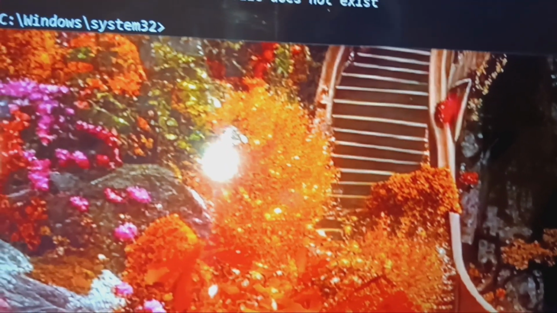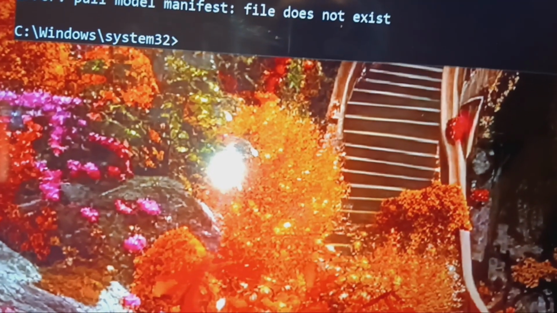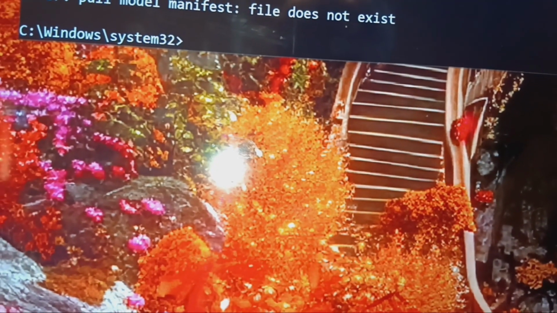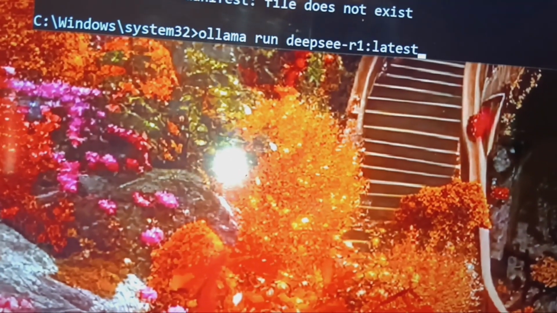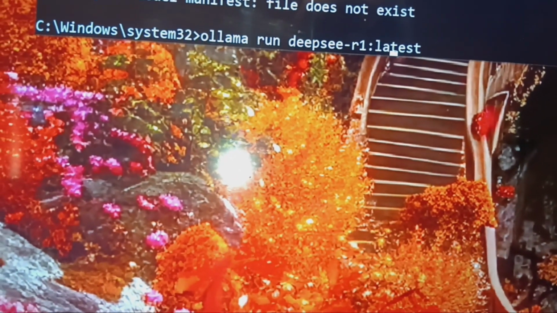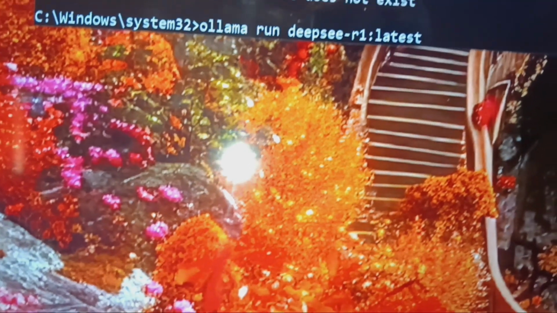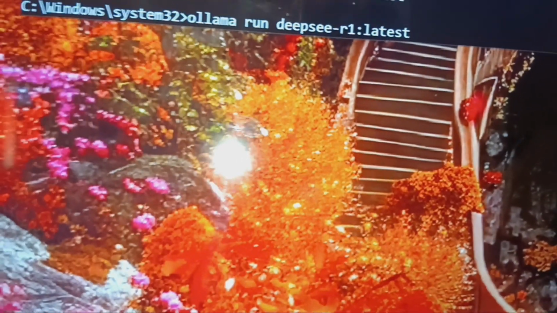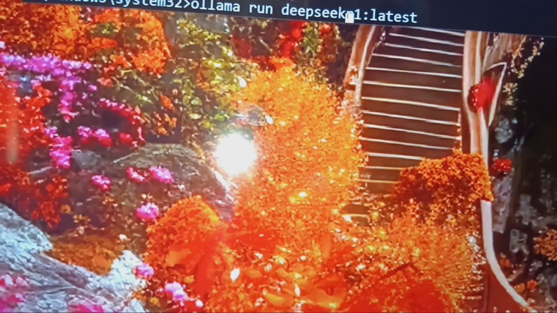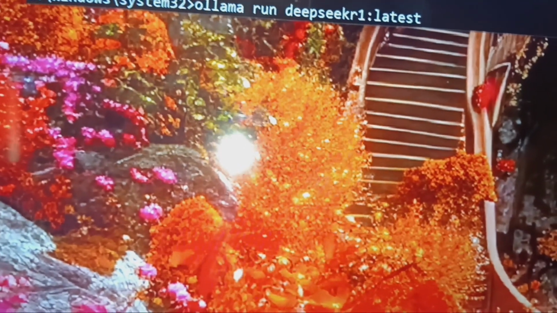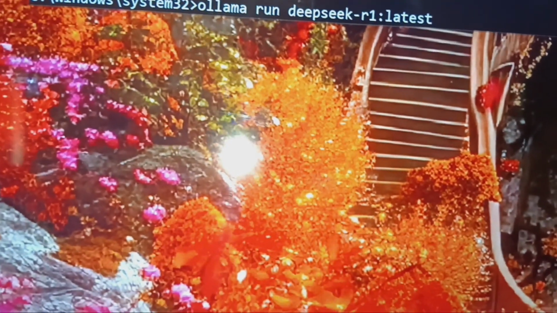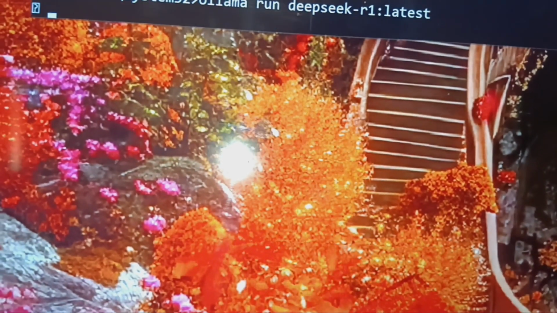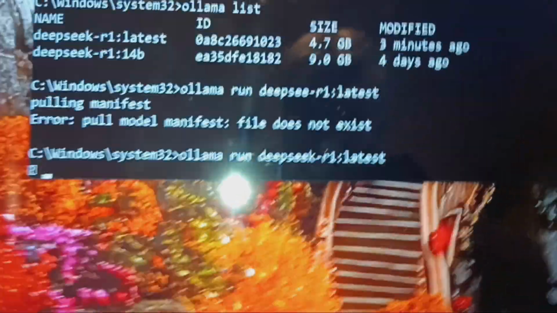Full manifest file does not exist. What did I spell wrong? I didn't put the K. Okay. F3. Come back over here. Insert K. No. And again, insert a hyphen. There we go. And so now it's running.